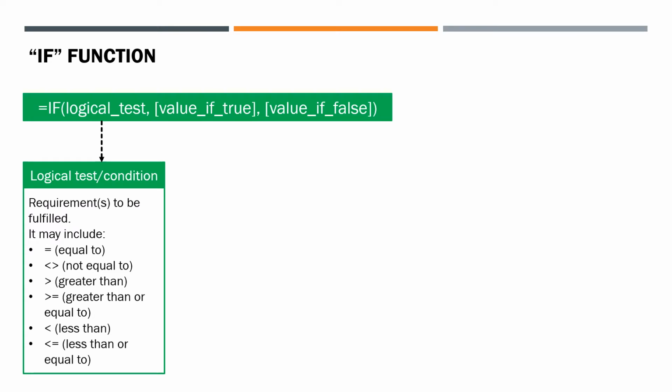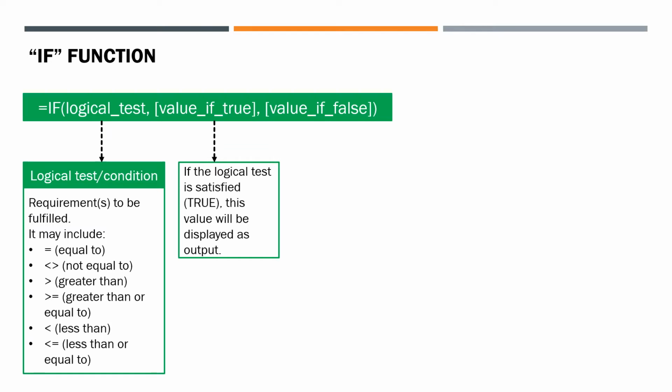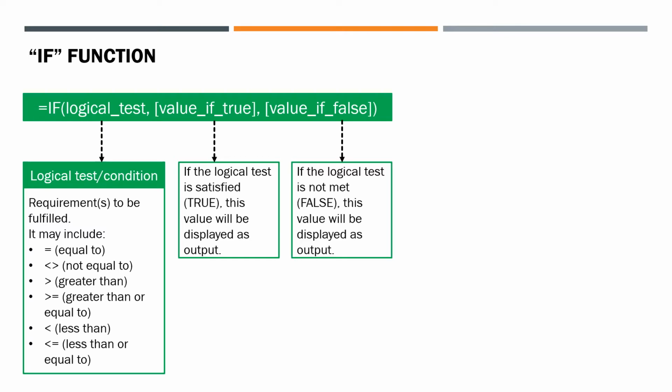The logical test could include mathematical symbols like equal to, not equal to, greater than, and etc. And value if true is, if the logical test is satisfied or true, the value here will be displayed as output. Meanwhile, if the logical test is not met or false, this value will be displayed as output.